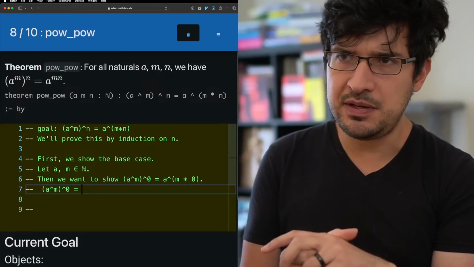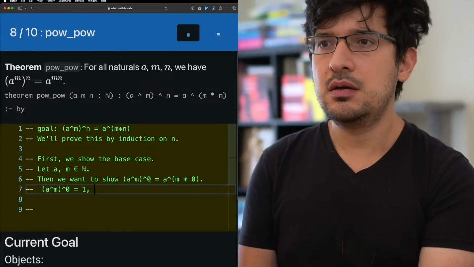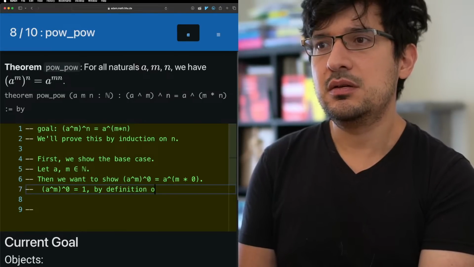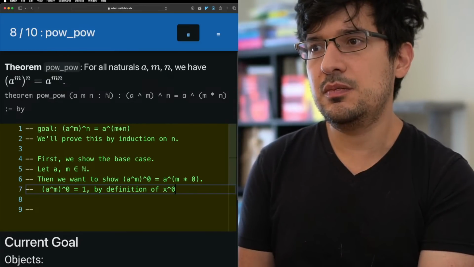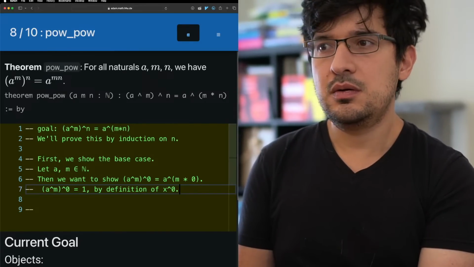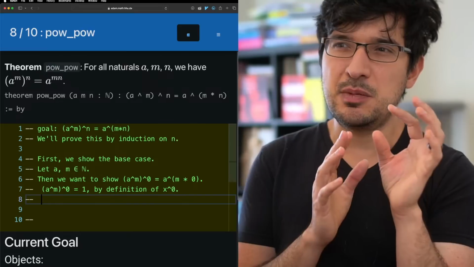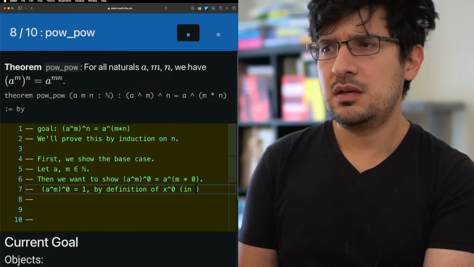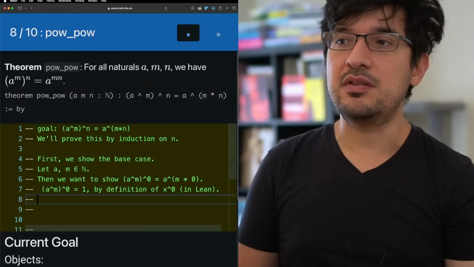Yeah, we're proving the power rule. a raised to the m raised to the 0 equals 1 by definition of raising to the 0. Again, we have the slight problem of if the base is 0, but I'll just put it in parentheses. The definition of anything raised to the 0 is 1.